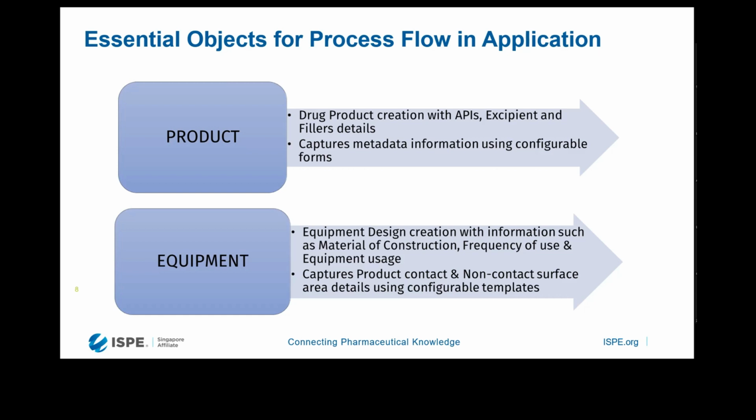TACT stands for temperature, concentration, action, and time, as you all may know. WIN is more about the operator: how you train your operator, and what the quality of the water is that you use to clean. So all that information can be captured.